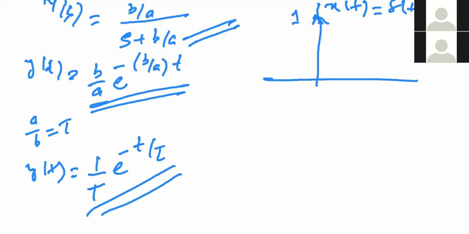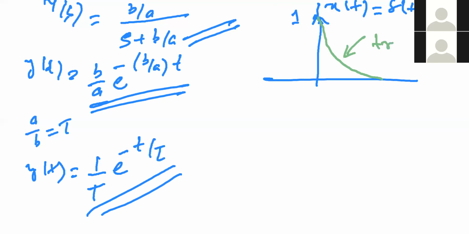And if you plot y(t), remember that we consider tau equal to 1. If you change tau, then the magnitude will also change. You see that very soon it will decay to 0, and you are getting only the transient response of the system.